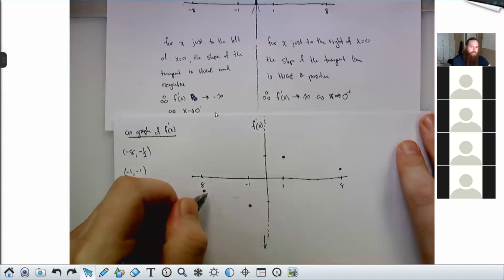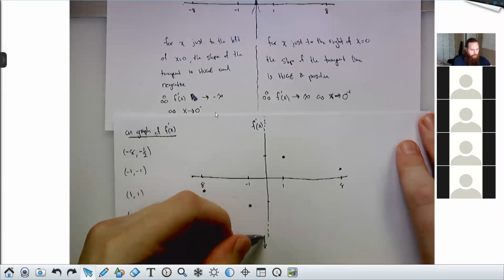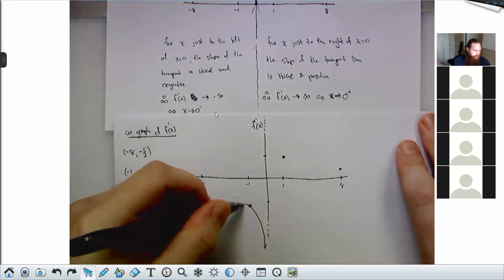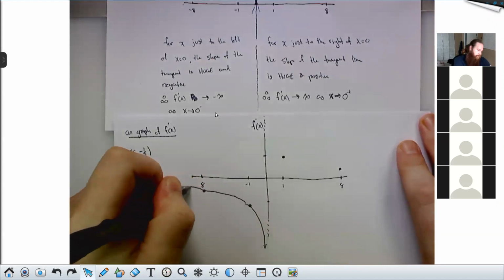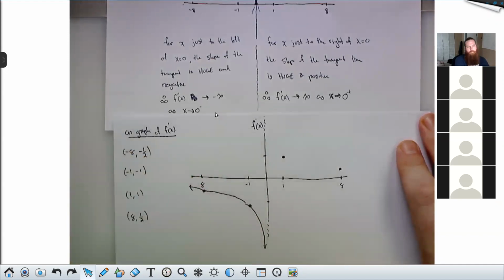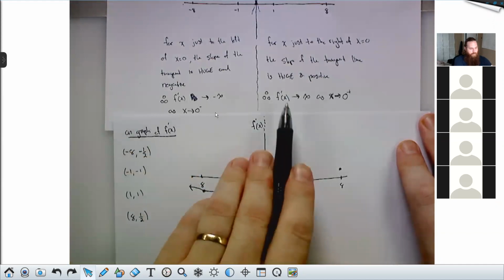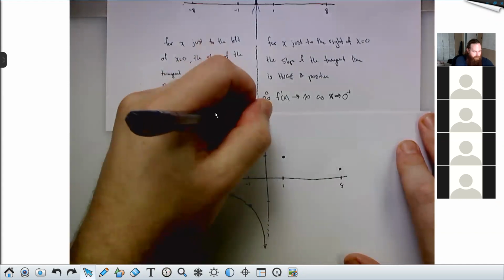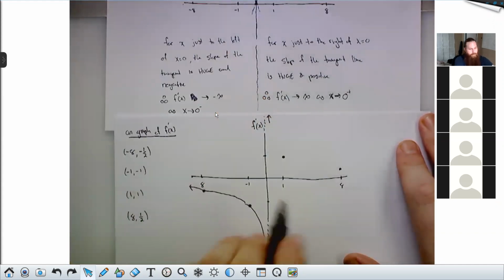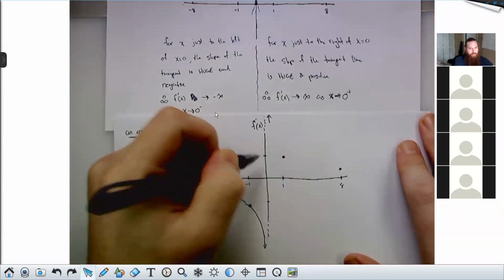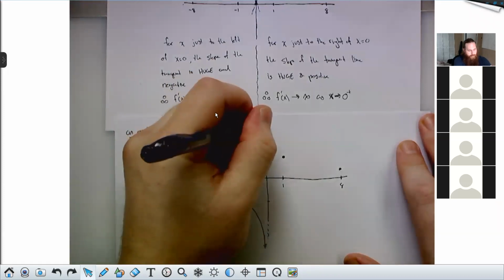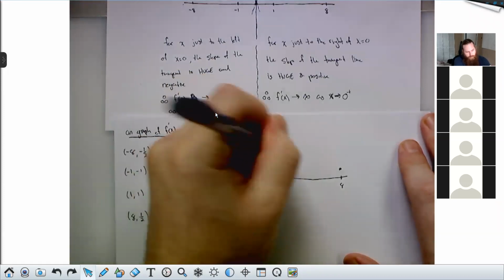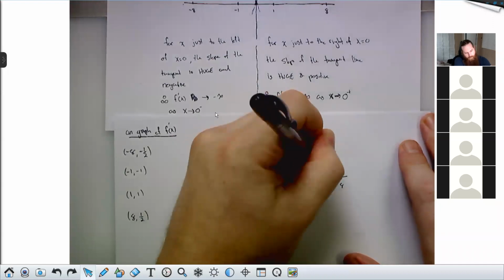And then you can kind of start to see the shape of the graph, right? Something like this over there. And also, f prime goes to +infinity as x goes to 0 from the right. So on the graph of f prime, we're shooting up to +infinity as x goes to 0 from the right. And from that, you can see the shape of the graph over here.